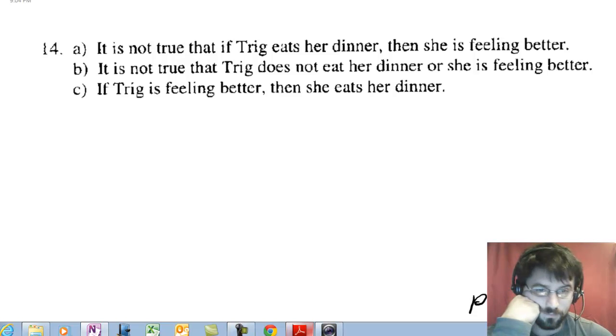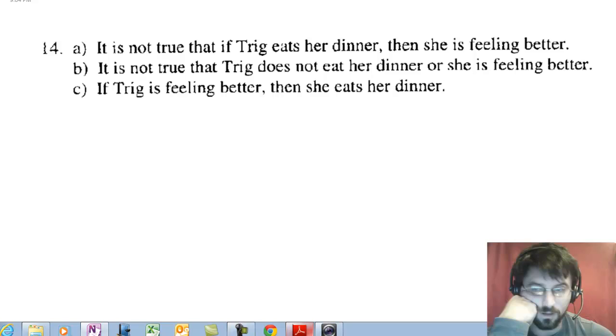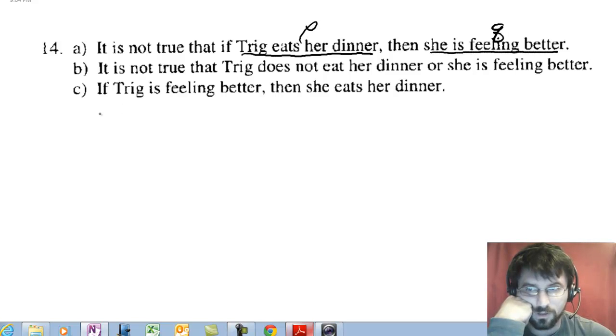I'll call Trig eats her dinner P, and I'll call this one Q. So the first statement is, it is not true if P then Q. The second statement, B, is it is not true that Trig doesn't eat her dinner or she is feeling better.